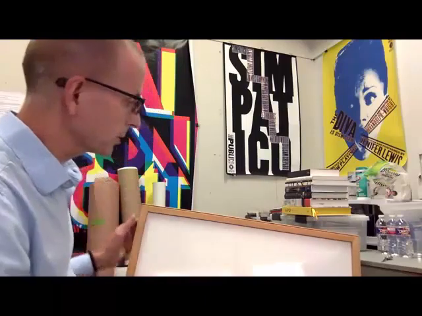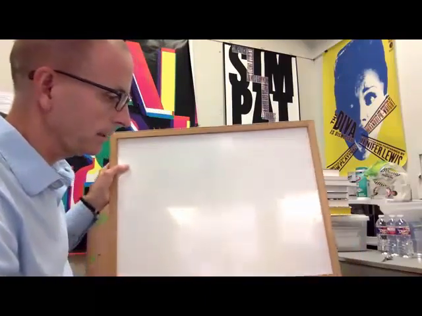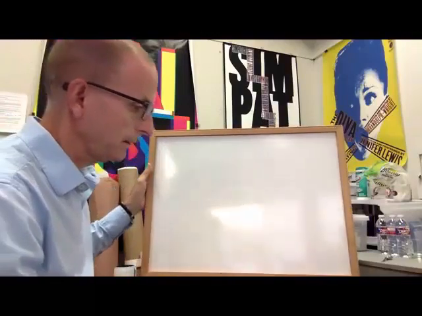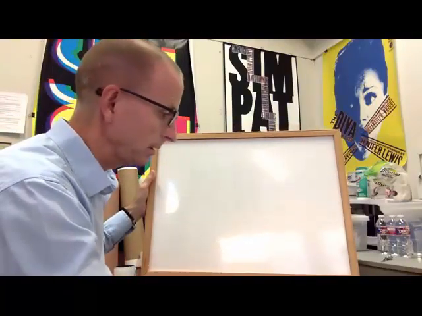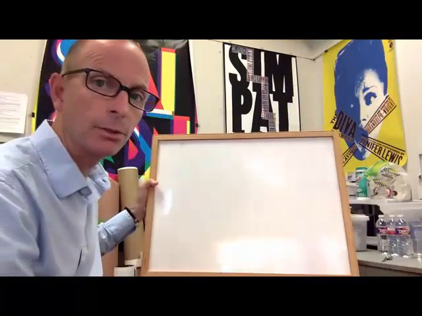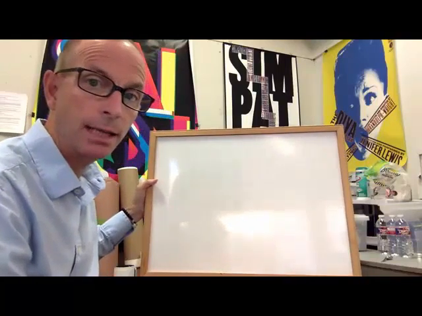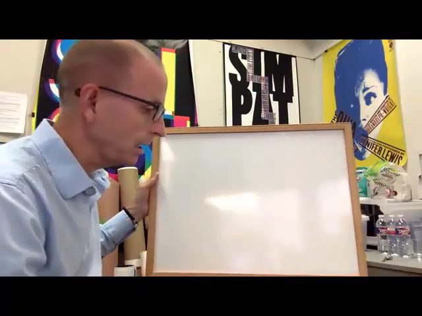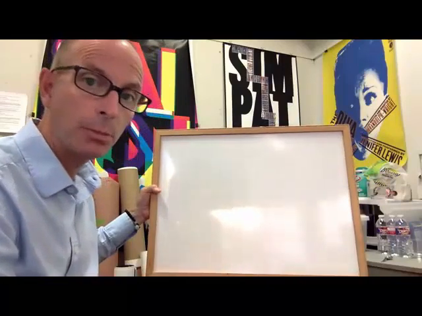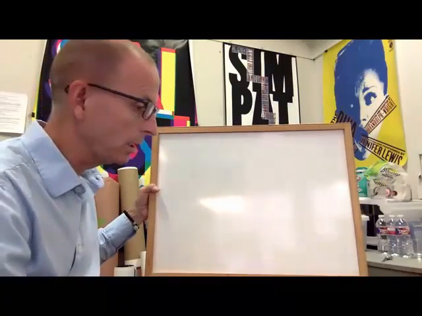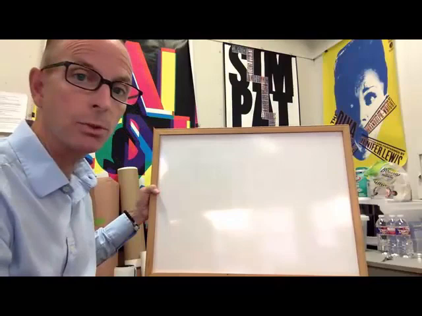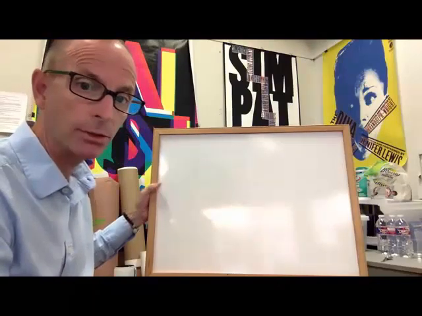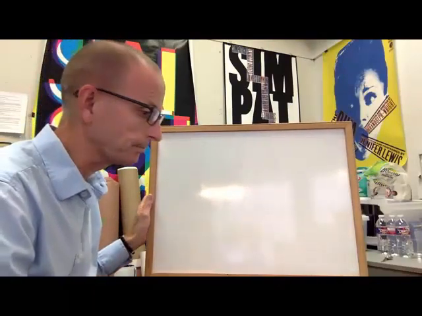So I'd like to just move on here. The next element of design that I would like to discuss is size. Size is defined by how big or how small something is in scale to other objects on the page or within the composition.